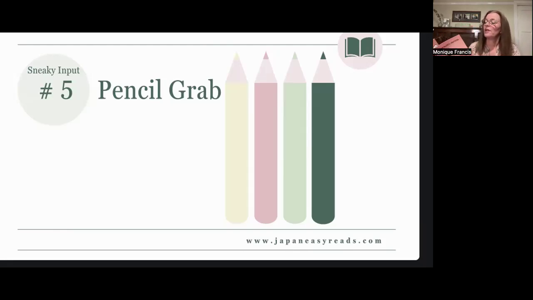So, for example, you may say, Pizza Man wa tsuyoi desu. Now, if it's correct, the pair would race to pick up their marker or the pencil. If it's incorrect, which it is, no one picks up.